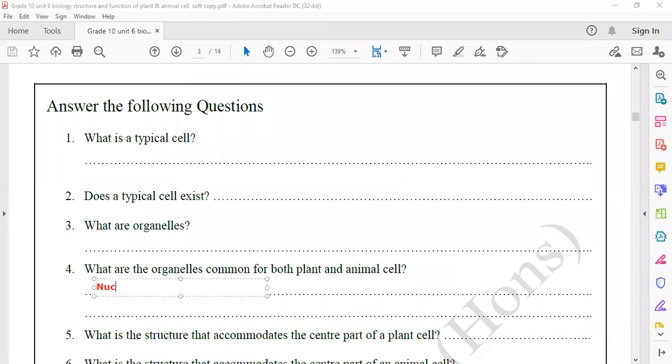One, it is nucleus. Second one, it is endoplasmic reticulum. Golgi complex.